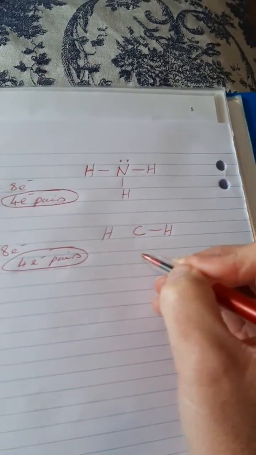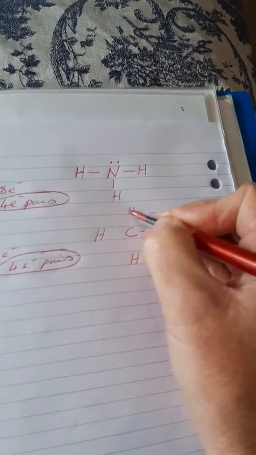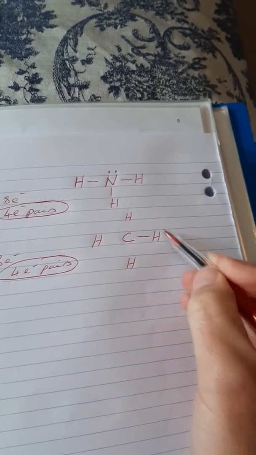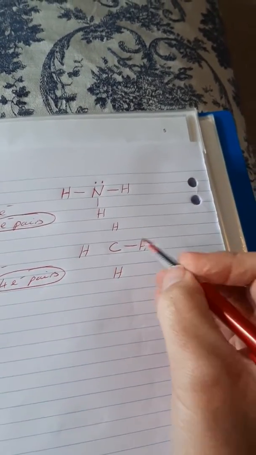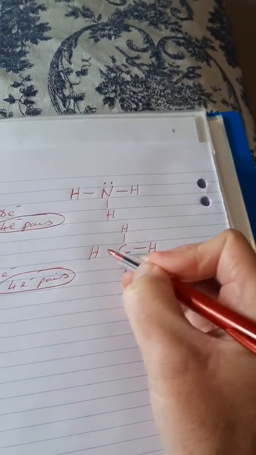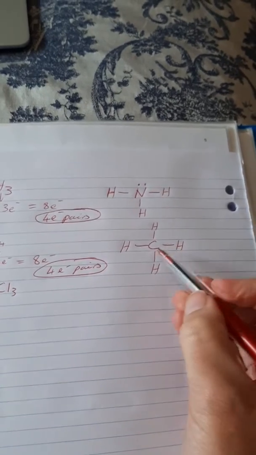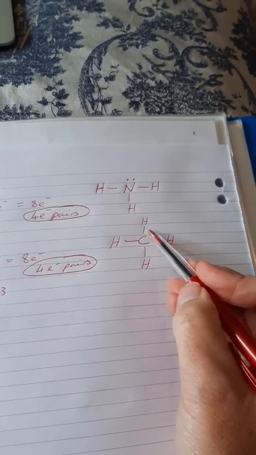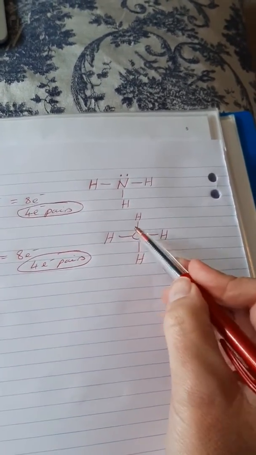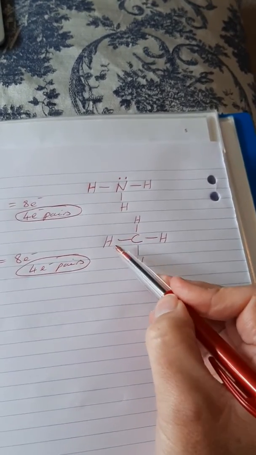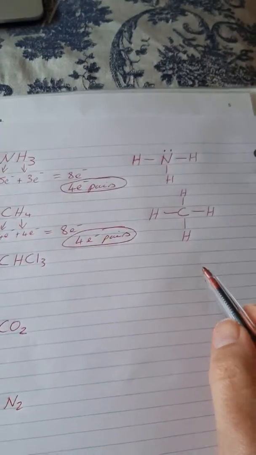I'm going to do, oopsie, I put a bond in there which I shouldn't have. So I put the hydrogens in there, then bond locations 1, 2, 3, 4. Okay, and that one is done. Carbon has a full outer shell of electrons, 4 pairs, which is 8 electrons. Hydrogen has 1 pair, which is 2 electrons in all locations.